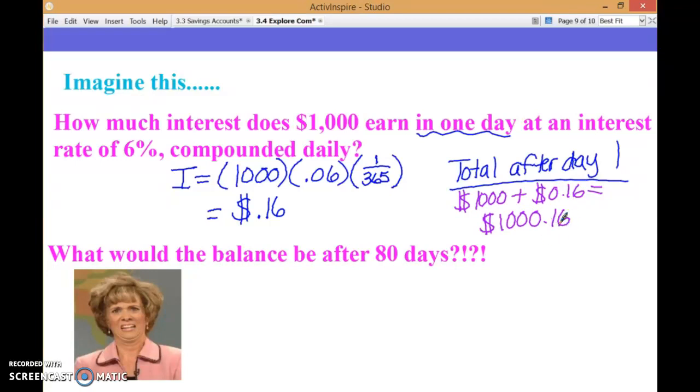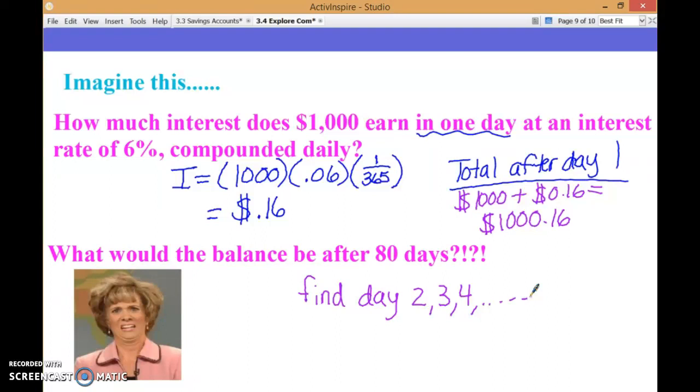What if I asked you then, what would be your balance after 80 days? Okay, if I wanted to find my interest after 80 days, I would first have to find day 2, day 3, day 4, and so on, all the way up to 79 in order for me to find the 80th day.